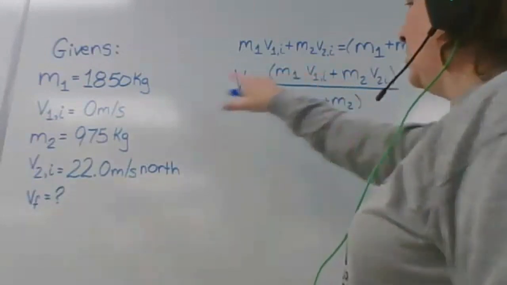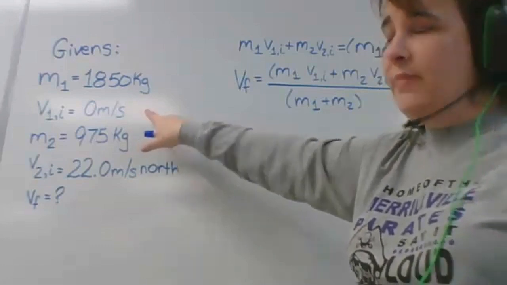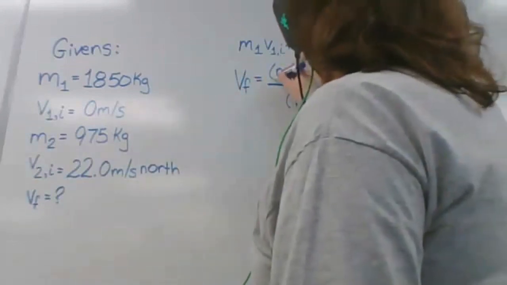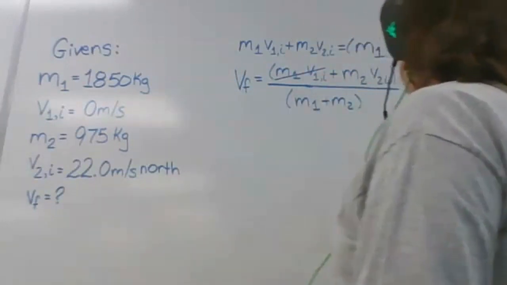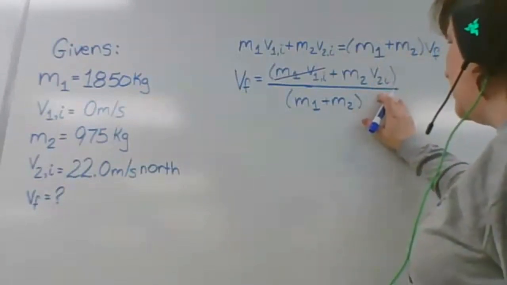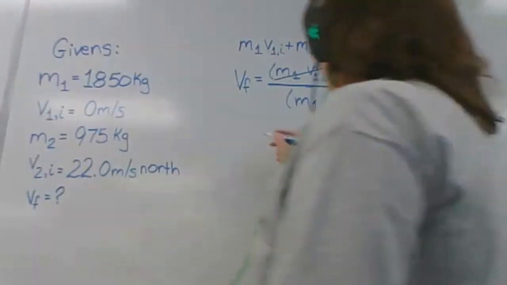But since the first vehicle was at 0 velocity, which means it was at rest, this term also goes to 0 because anything multiplied by 0 is 0. So we don't have to worry about that part of the equation. We're really going to do the mass of the second one times its velocity divided by the mass of the two objects together.